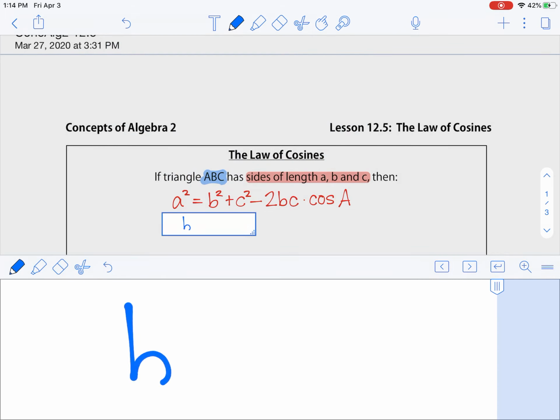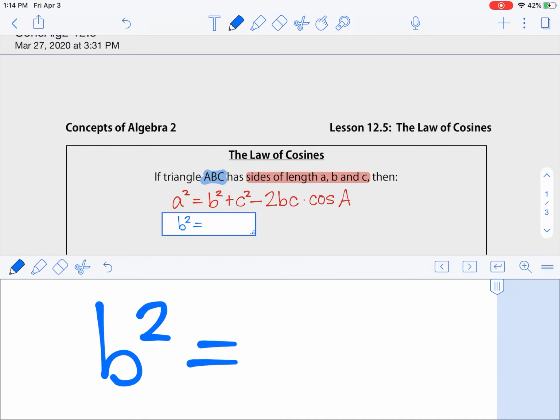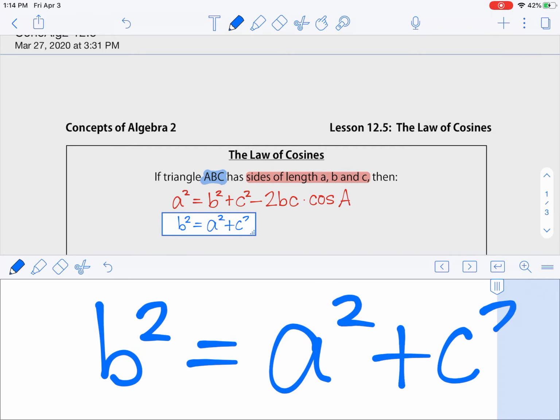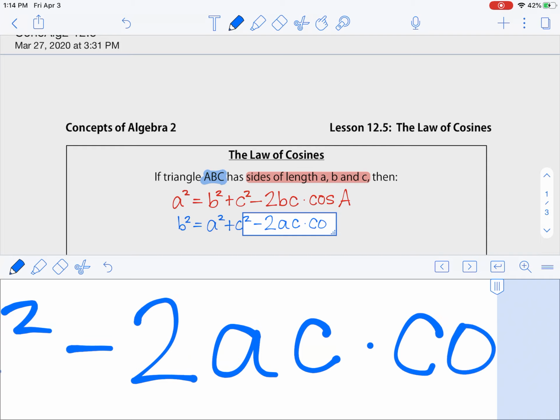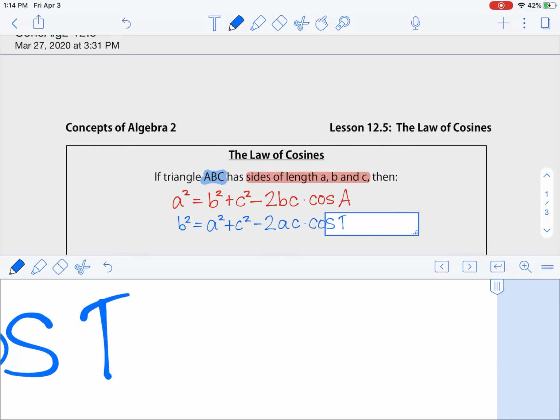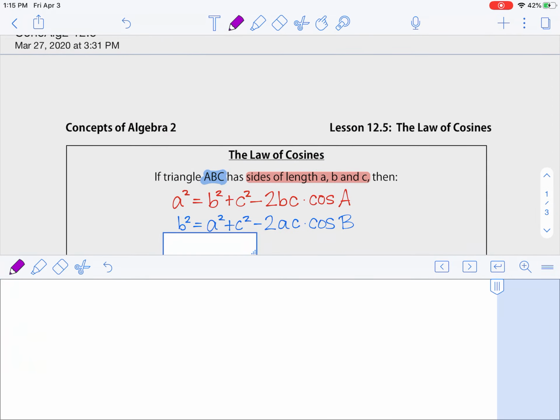So if we were trying to find side b, we would use b squared equals, and then we adjust the placement of our items: a squared plus c squared minus 2ac times the cosine, and this one uses angle B. And then, of course, since this is a triangle, we have a third side option.